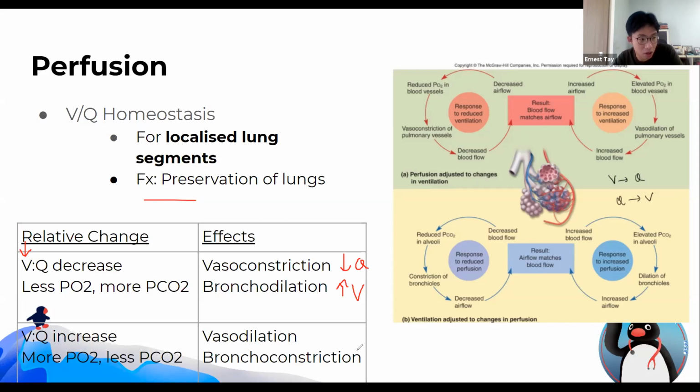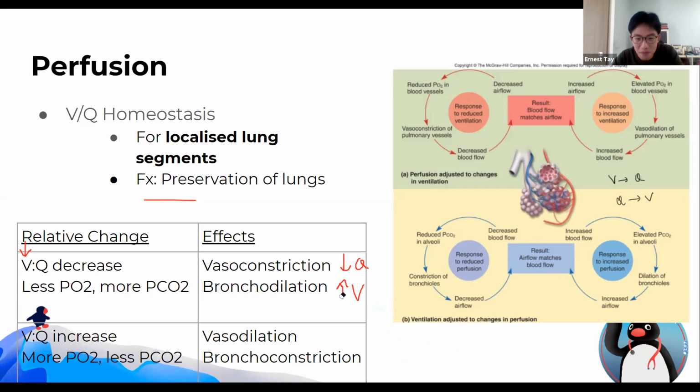So on the converse side, if you have a PE, for example, a PE will cause a decrease in your perfusion to a certain lobe of your lung. So the VQ ratio increases. And therefore, in order to normalize the VQ ratio, I want to decrease my V, right? And so I have bronchoconstriction. And that kind of sucks because that means your lung will collapse in that certain segment.